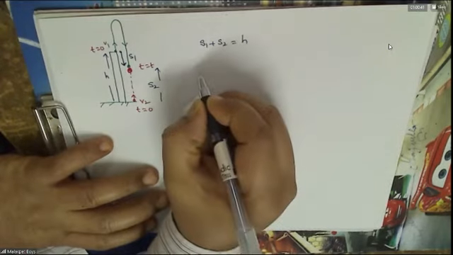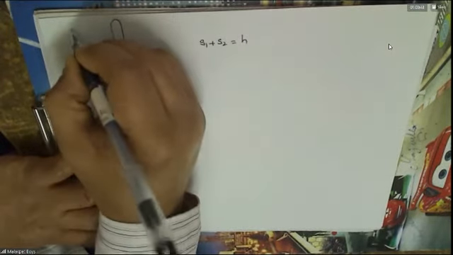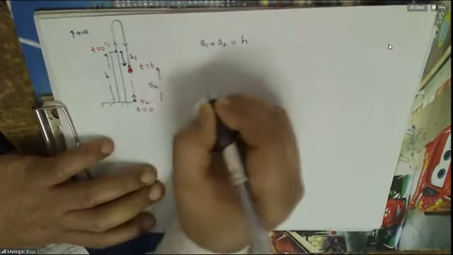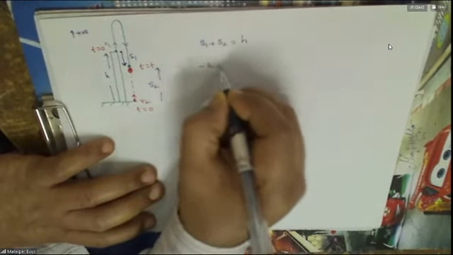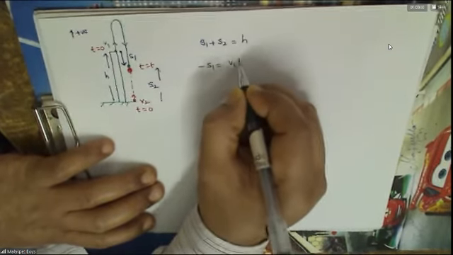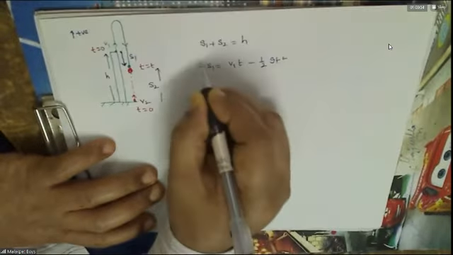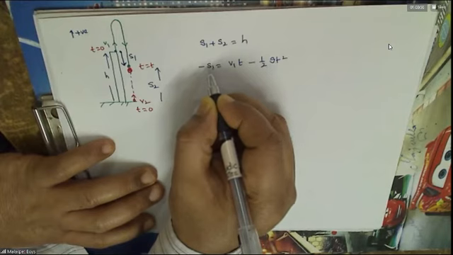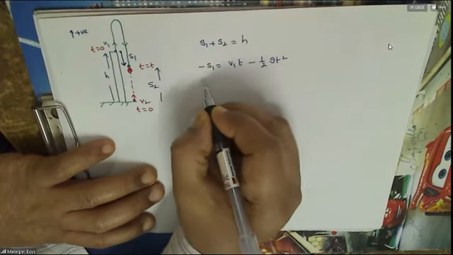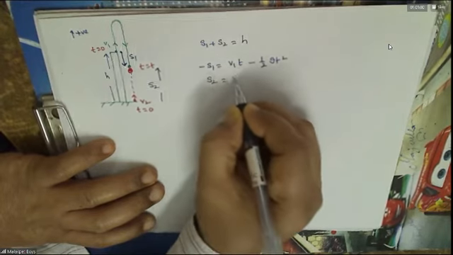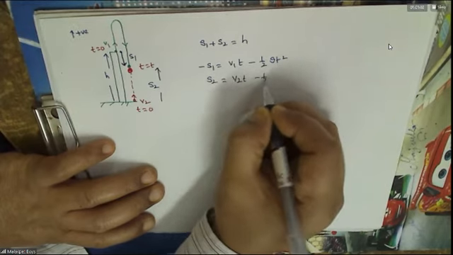Now you can see, if we take upward as positive, you have S is equal to Vt minus half Gt square. Why I have taken the negative sign is because upward is positive. Similarly, this is S2, V2t minus half Gt square.